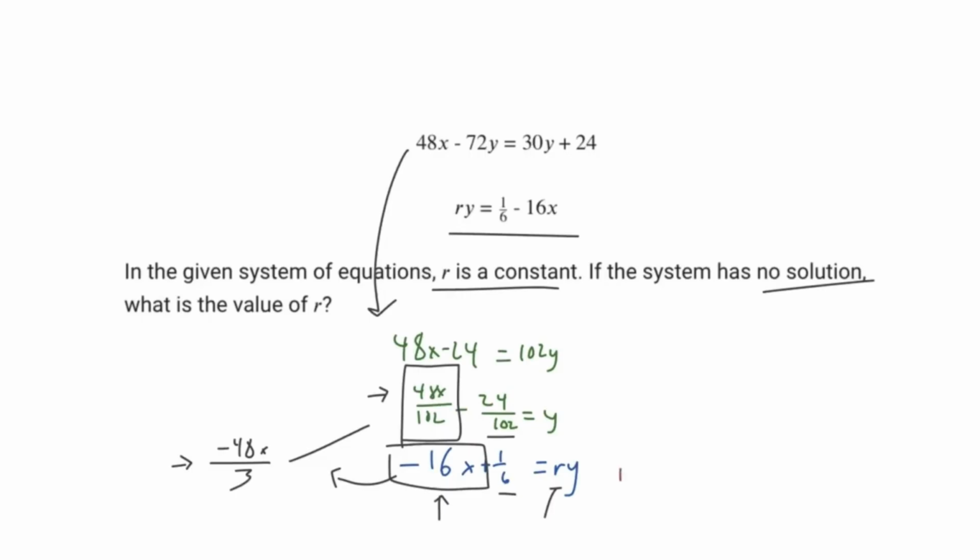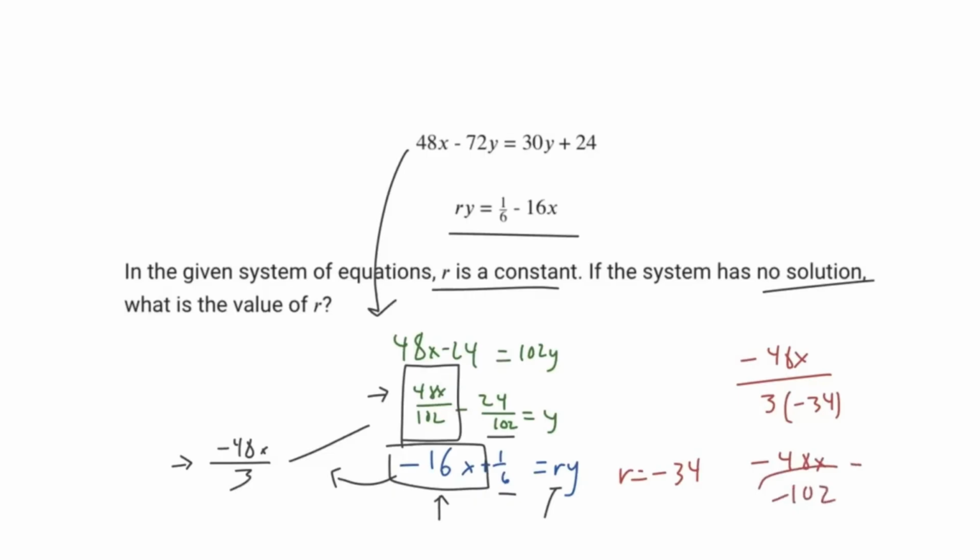If we set R equal to negative 34, let's see what happens. So we get negative 48x divided by 3. So we're going to divide everything by negative 34. And that's the same thing as multiplying the denominator here by negative 34. So we'll get negative 48x over 3 times negative 34, which is negative 102.